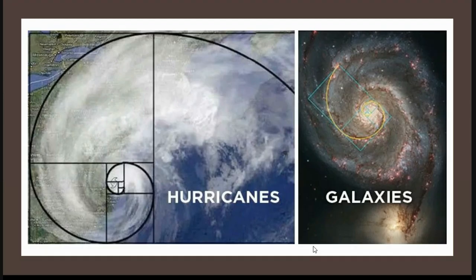This is great. Hurricanes, galaxies, the big things in nature. You could take that spiral and overlay that onto these hurricanes when they put them up in the weather map, and it almost fits perfectly. So this sequence isn't just something that Fibonacci created. This is something he discovered because nature follows this sequence.